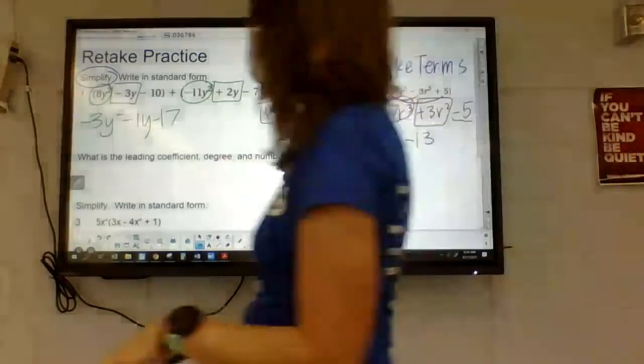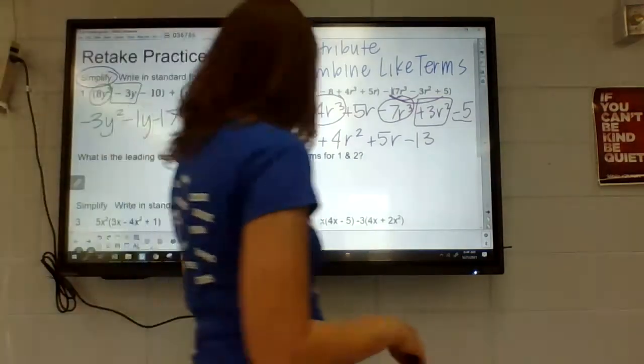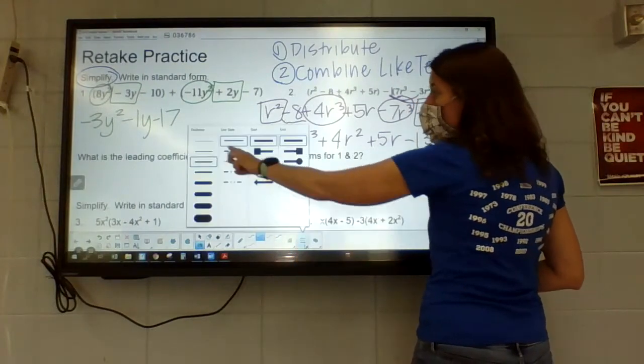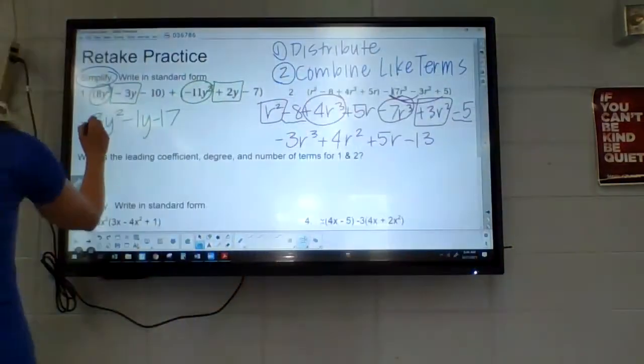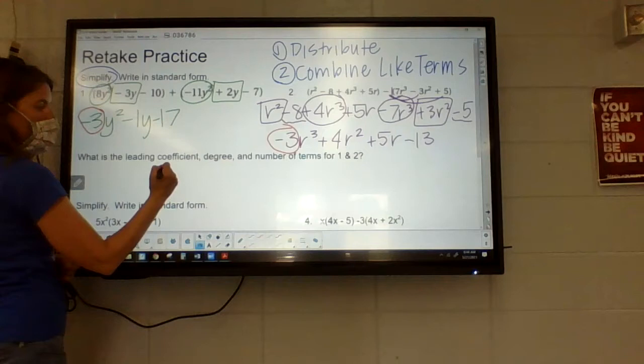Now, I do want to talk about this because this was a little bit of a struggle, and it was probably my fault for not reviewing it better with you guys. The leading coefficient, degree, and number of terms for these. Leading coefficient, what is it? It's negative 3 for both of them. Remember, that's the number in the front when it's in standard form.